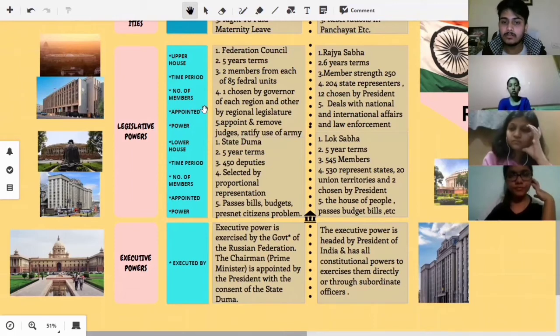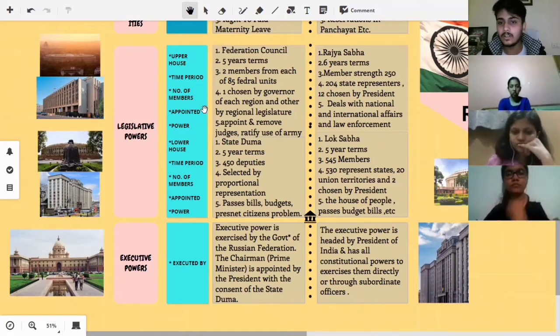as I told you, in Russia one is chosen by the government of each region and the other by the regional legislature. And in India, there are 204 state representatives, 12 chosen by the president.